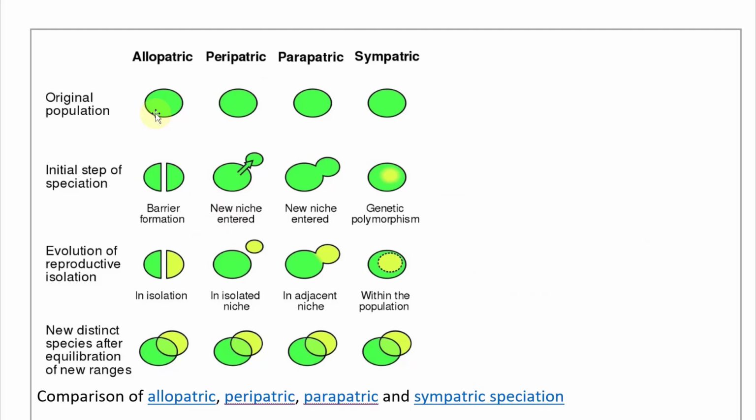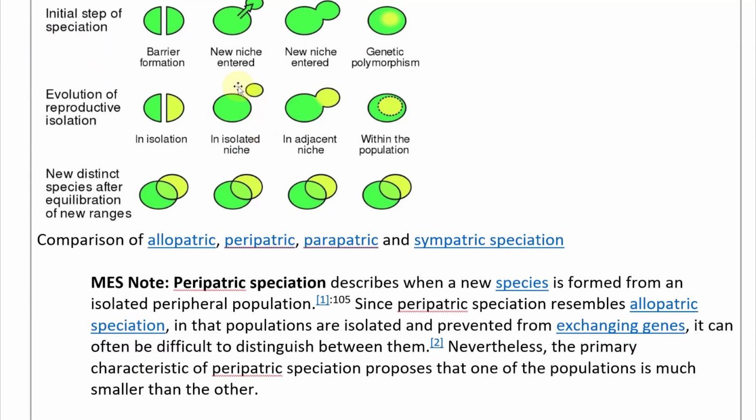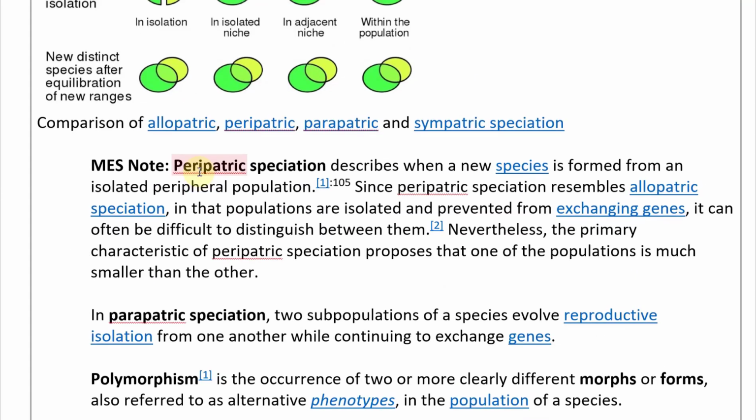So basically, it's hard to distinguish between allopatric and peripatric in a lot of cases. The main difference is that it's much smaller. So it kind of describes the pathway to get to this setup of different species. And so basically this is all just a characterization, etc.